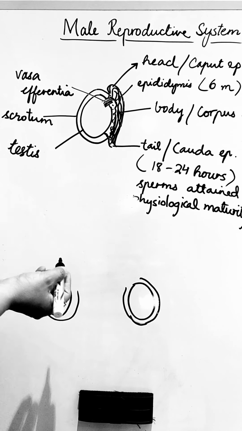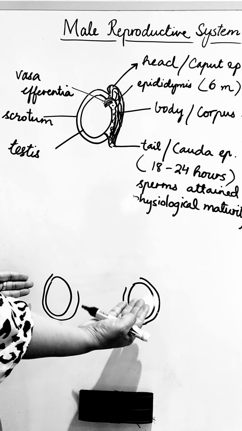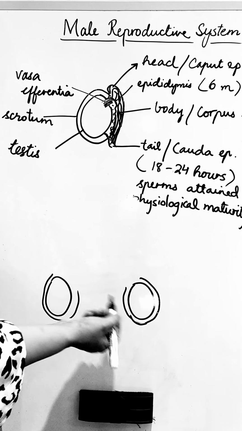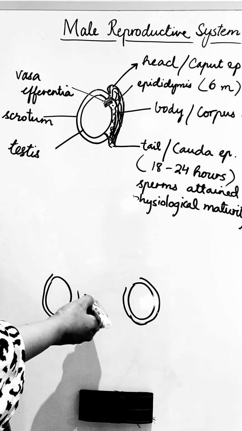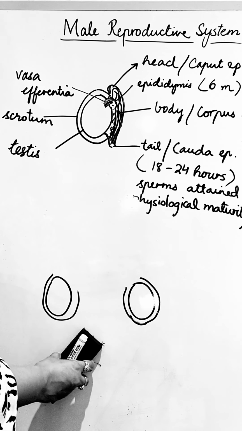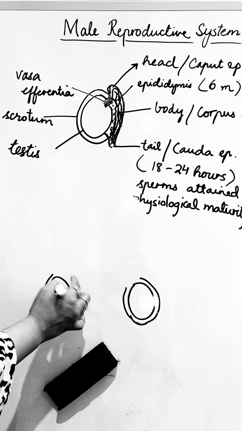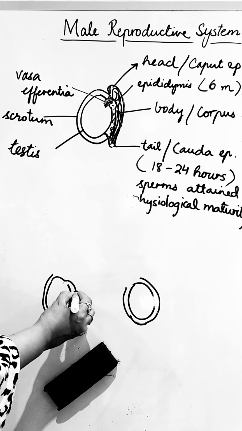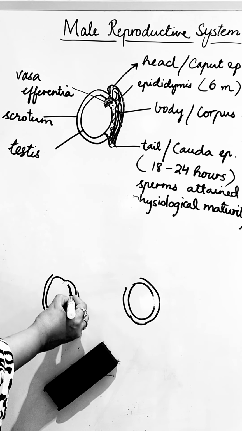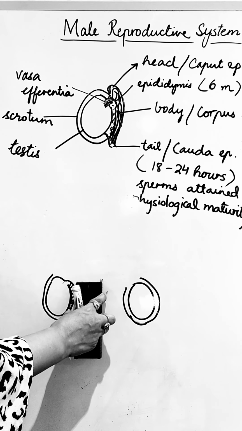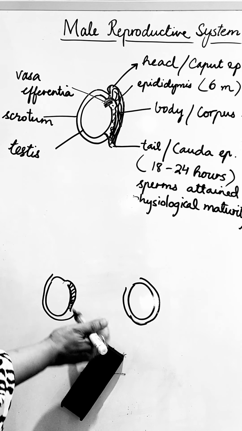I am drawing only one, and these are not far apart, but I am drawing this to give a clear idea about the conduction. So this is the testis, and from here the highly convoluted tubule, the epididymis, is present.